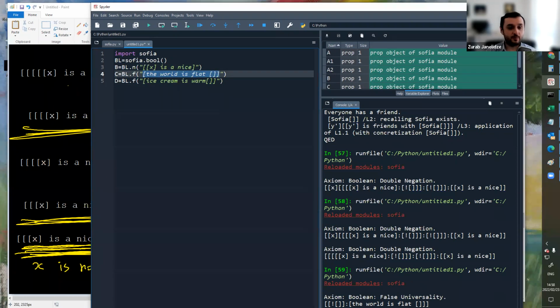So for instance, the one we were discussing right now is this. And if I put here, instead of X is nice, I put something else, maybe South Africa is beautiful, right? Then it will generate for me, let's actually try what it will do. South Africa is beautiful.